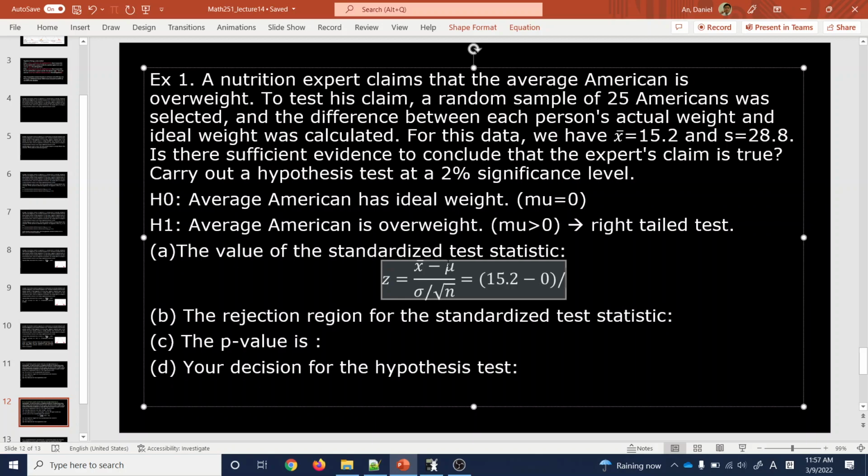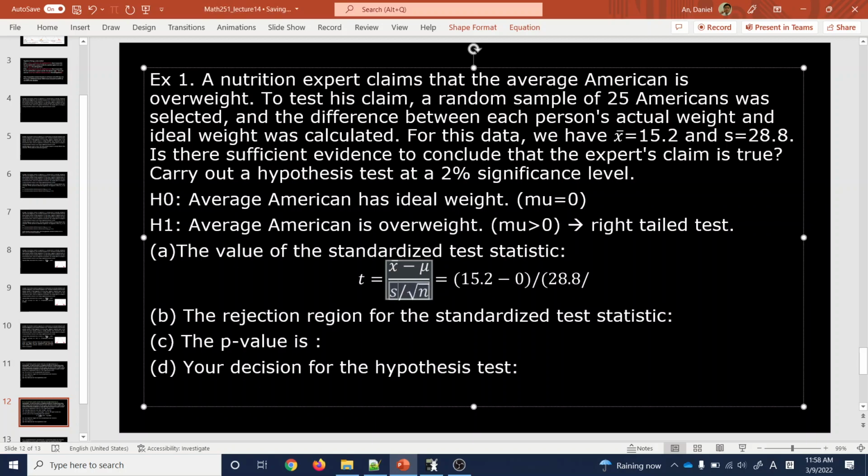So the mu value that you use for the test statistic should always be the value that you get from the H0. And sigma, well, we don't have sigma, so we use 28.8. By the way, that means we actually have to use the t distribution, because we don't know the population standard deviation.